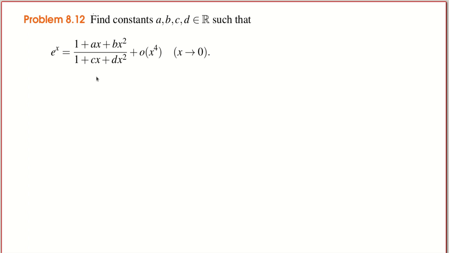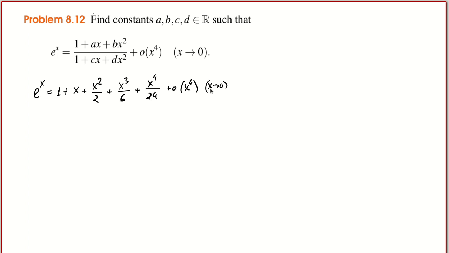Well, there are many ways of doing this, but perhaps the easiest way is to take the expansion of the exponential up to fourth order, of course, as 1 plus x plus x squared divided by 2, plus x cubed divided by 6 plus x^4 divided by 24 plus o(x^4) when x goes to 0, right?